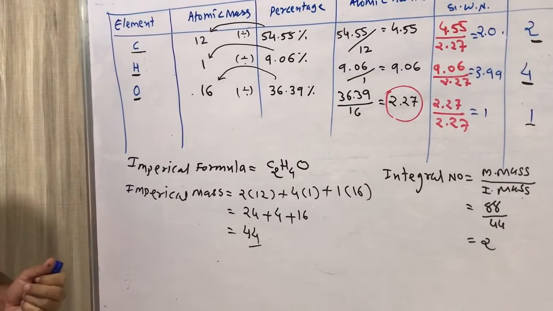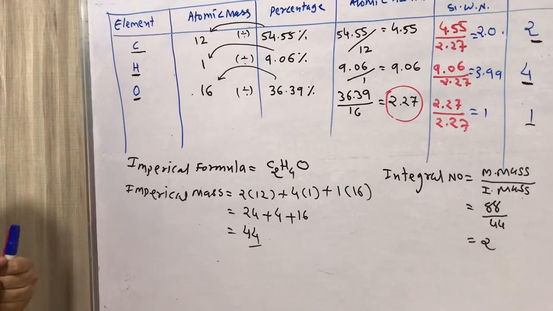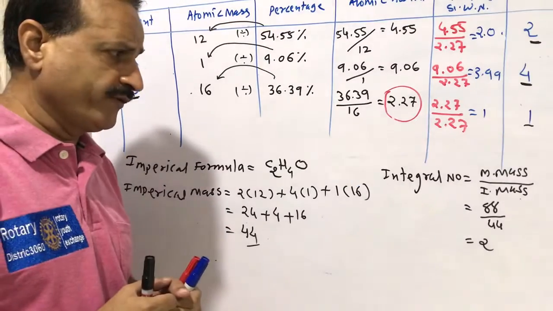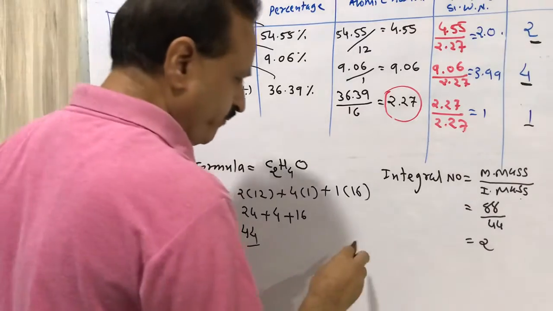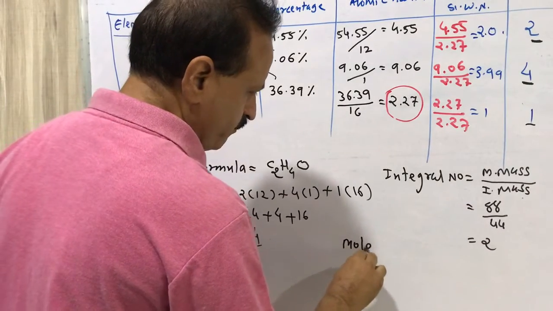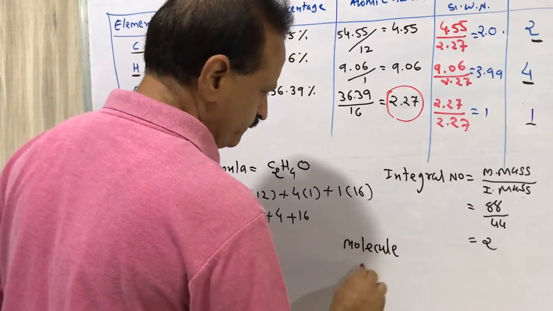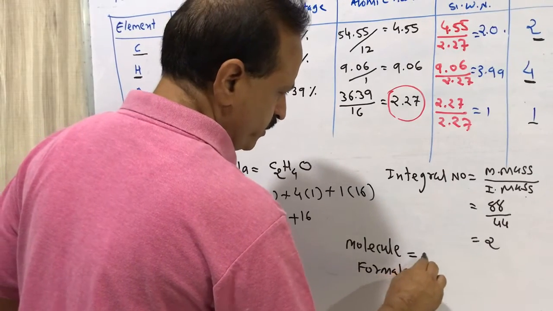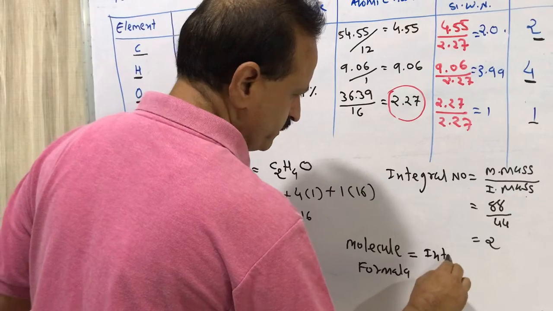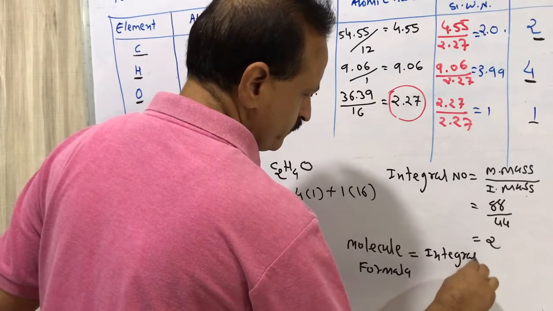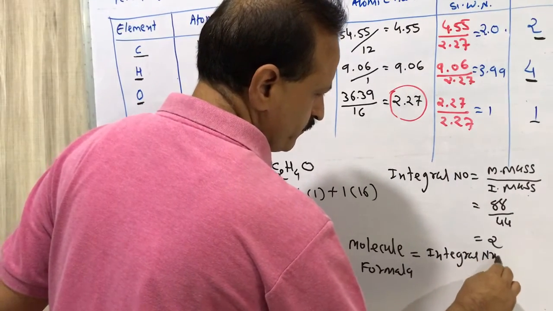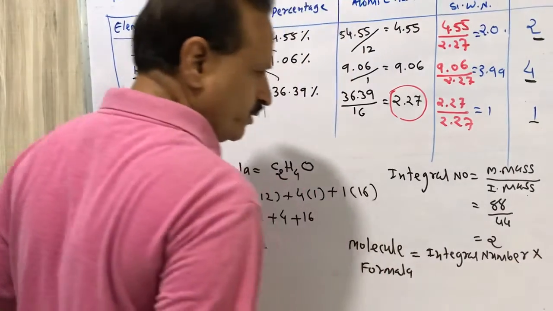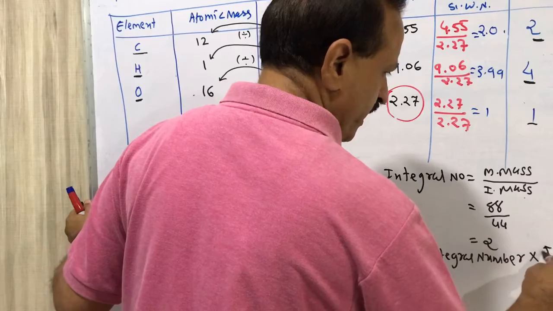Now we will find out the molecular formula. How can we find out the molecular formula? Then molecular formula equal to integral number into empirical formula.